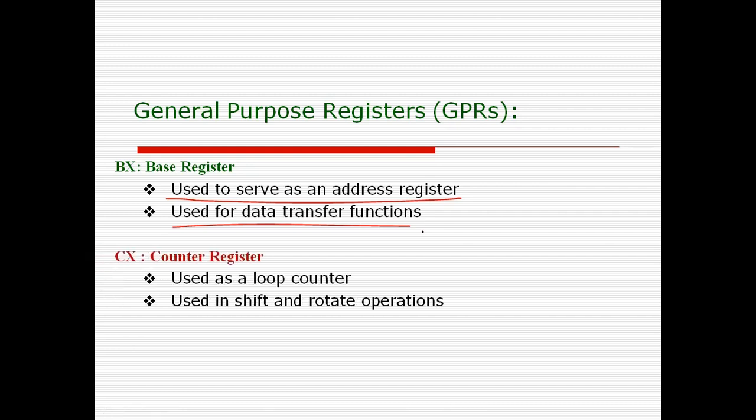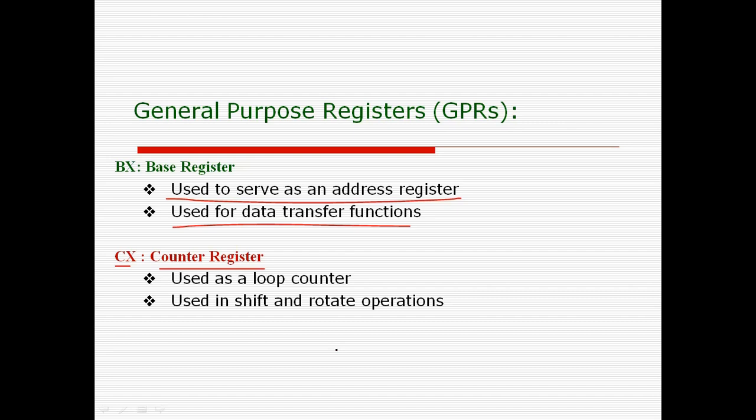And the third register CX here. CX is named as the counter register. From the name itself, you can understand what its significance is and what we can use this CX register for. CX is a counter register and it is used as a counter.